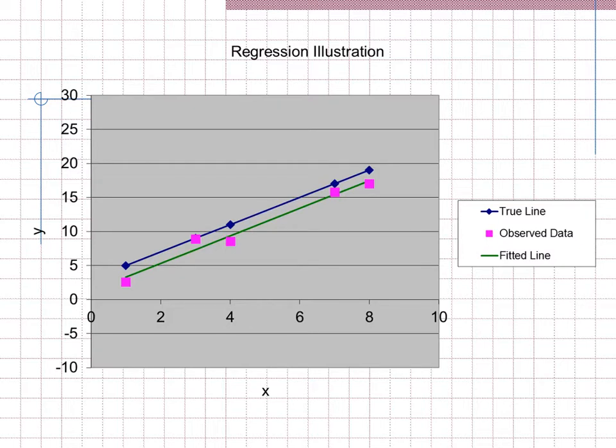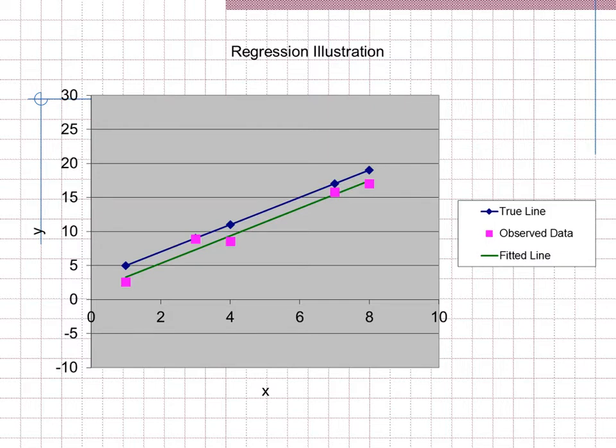So based upon the magenta squares, we would estimate a particular regression line, and in this particular case, applying those ordinary least squares formulas for beta 0 and beta 1 we talked about earlier, the green line is the line that we would get, and we see that the green line in this particular case is, of course, different from the blue line. The blue line is what we'd get if it weren't for the residuals.